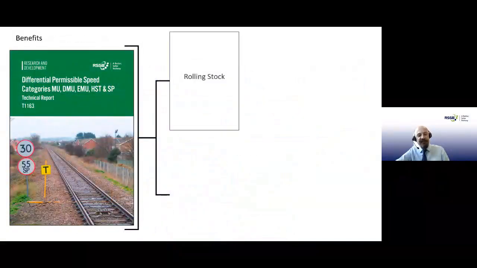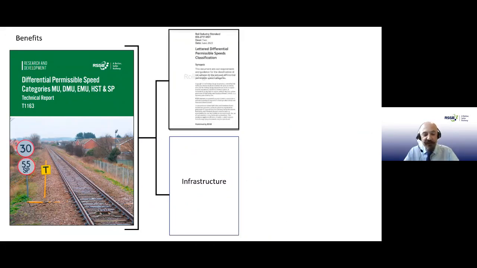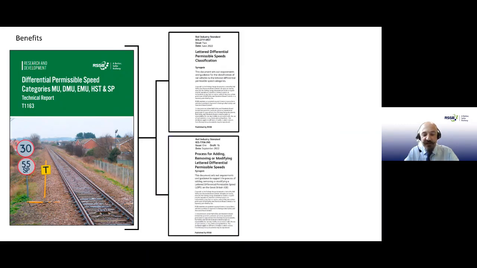Now, T1163 looked at both sides of the system, that's the rolling stock and the infrastructure. So to accompany RIS 2711 RST, a new infrastructure standard, RIS 7706 INS, is also being produced based on the findings of T1163, and this is to cover making changes to LDPSs on the network. And this is due for publication in September.